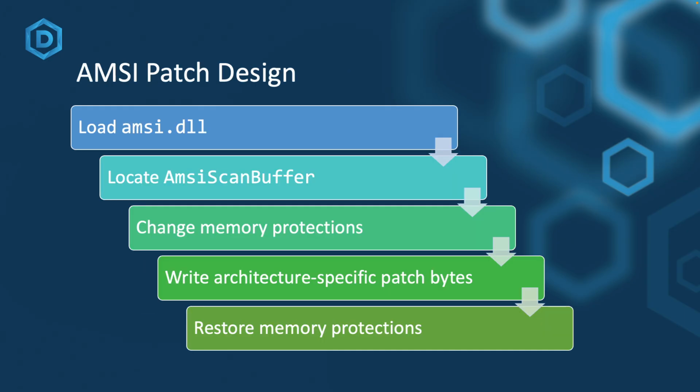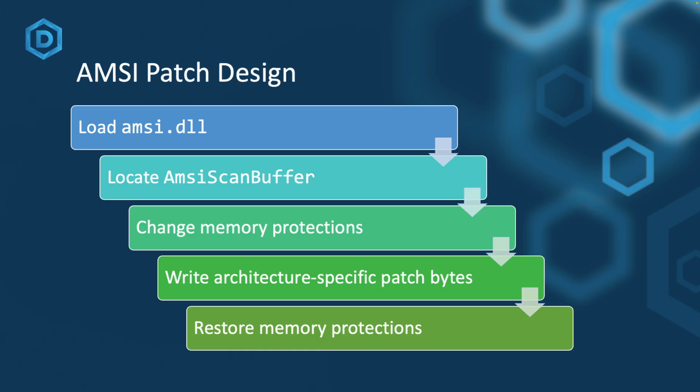So how exactly does the patch work? Essentially, we're going to be initially loading the AMSI DLL, and then we're going to be locating AmsiScanBuffer within memory. We will then be changing the memory protections on that memory address.